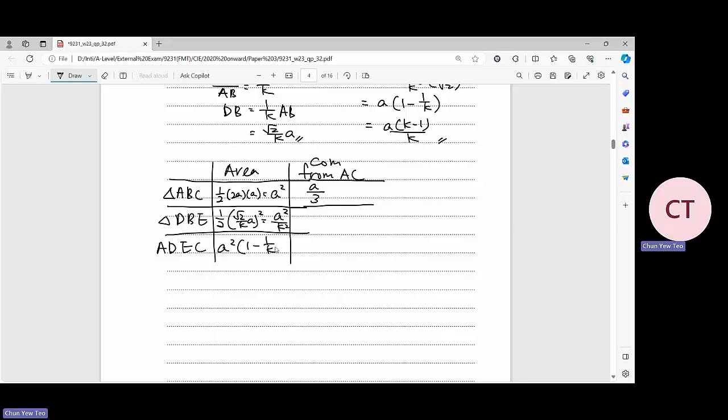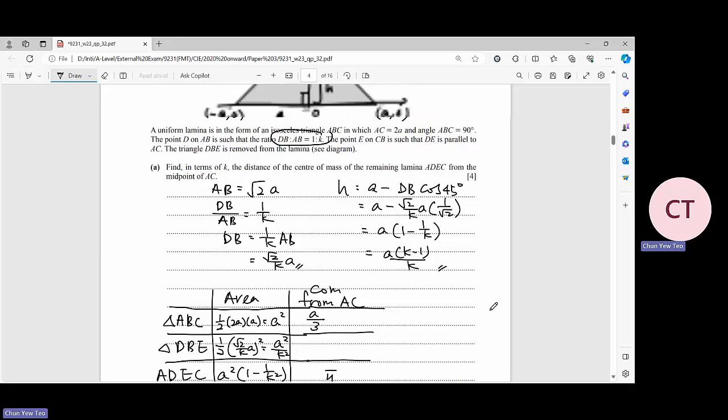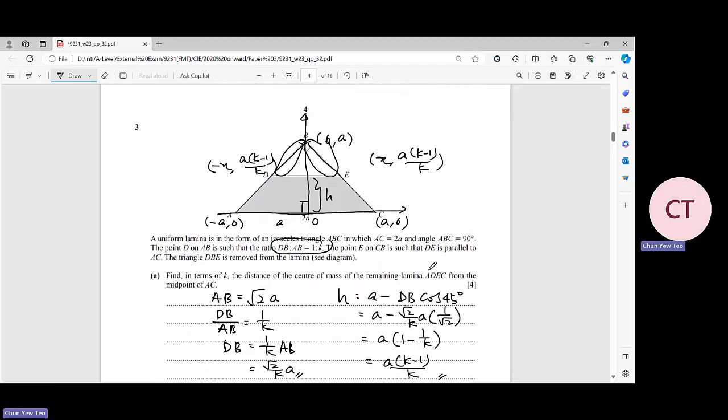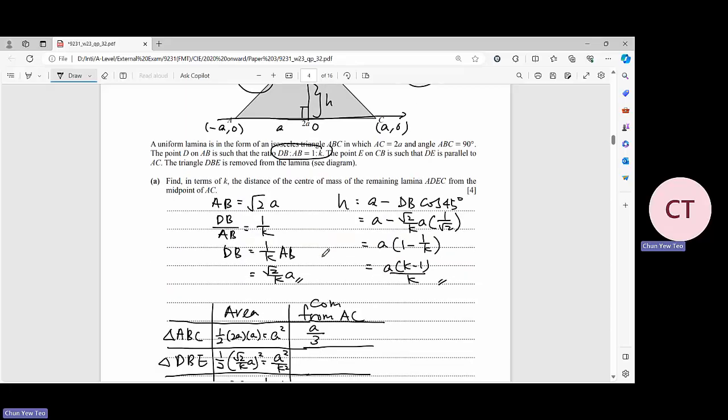Now this one is bar y, the center of mass is bar y. Then the center of mass for the smaller triangle is, just take these coordinates, add together, divide by 3.